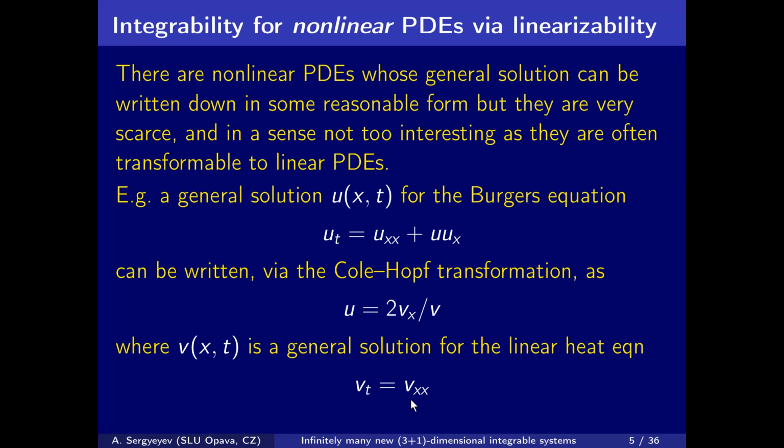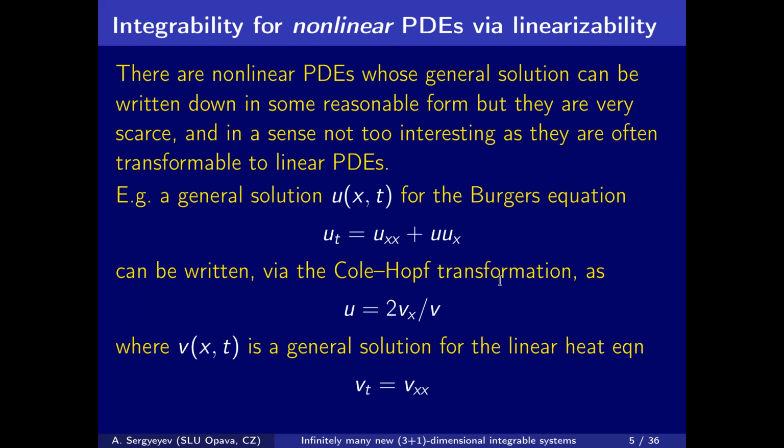Okay, so one example going in this direction is the well-known Burgers equation. If we do the Cole-Hopf transformation, we have the following well-known result. If V here is a general solution for the linear heat equation, then this U here is the general solution for the original nonlinear Burgers equation.